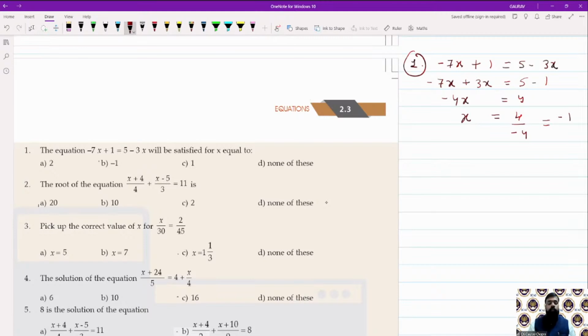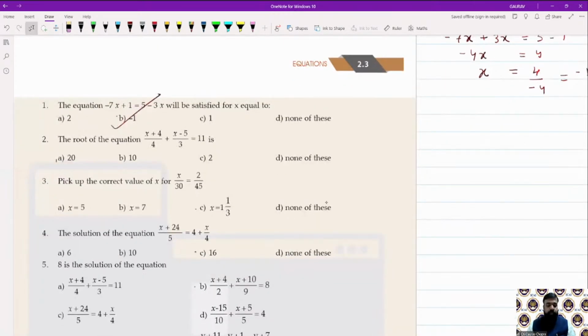After cancellation, we are getting minus 1. So minus 1 is the result. Yes. So who has given the answer? Vandana, Ritu, Venkat Lakshmi, Aisha, Kazi, Trisha have given it. Great. Option B is correct for question number 1.